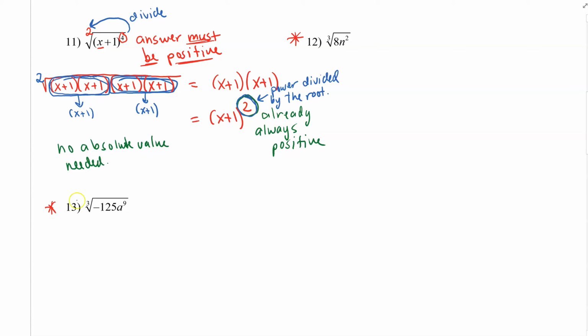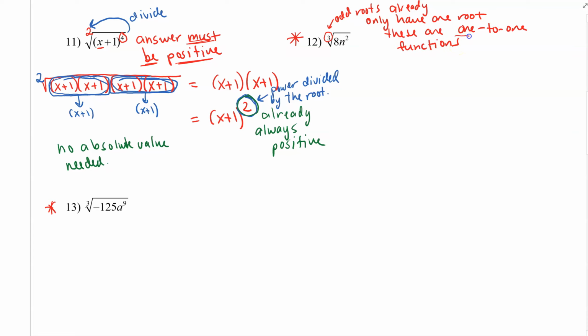Now 12 and 13 I already starred because those are odd roots, and odd roots only ever have 1 root. They already only have 1 root. In other words, these are already 1-to-1 functions. So we talked about that back when we were graphing the cube root function.